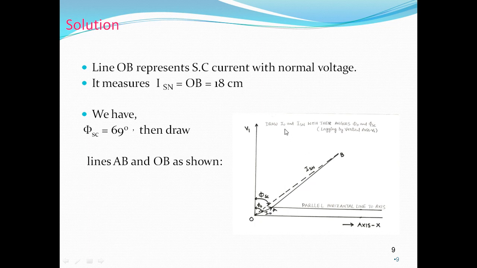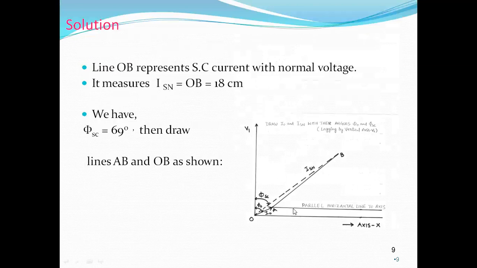It shows draw I naught and I_SN with their angles phi naught and phi_SC lagging the vertical axis V1. So after drawing that, from point A you draw a parallel line to the x-axis.